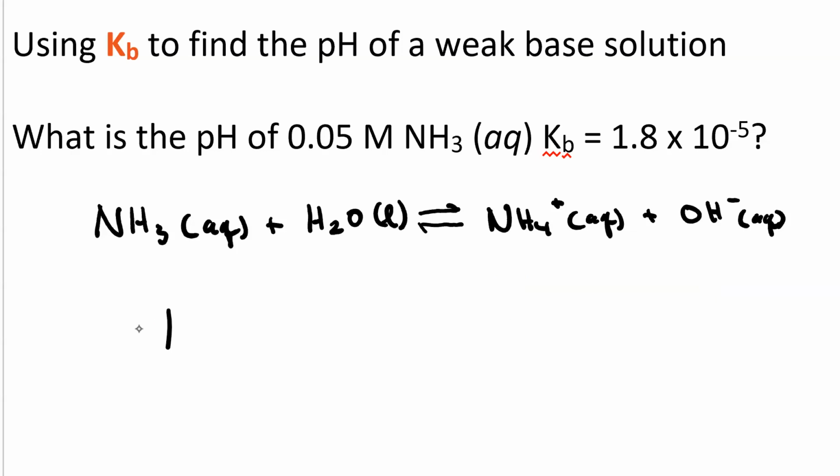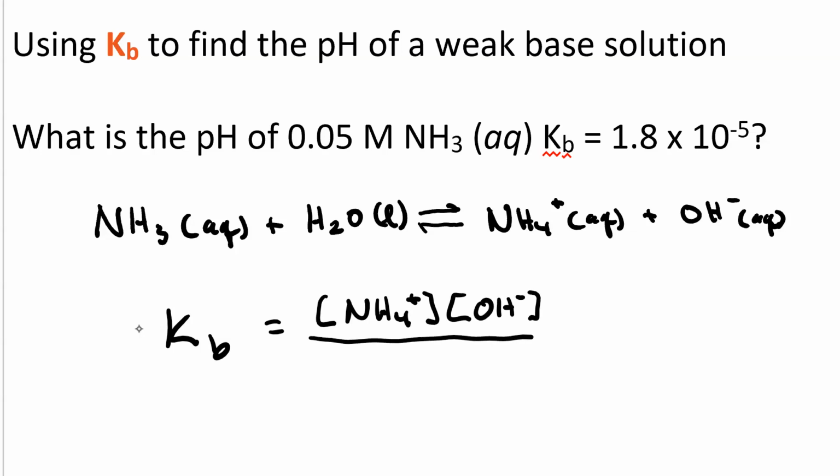And the equilibrium constant for this reaction is Kb, which is equal to the concentration of NH4+ times the concentration of OH- divided by the concentration of NH3. Again, we'll leave water out because it's a liquid.